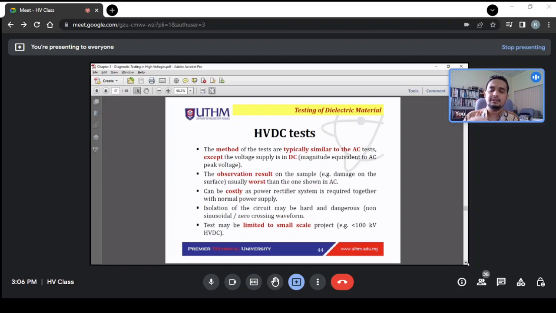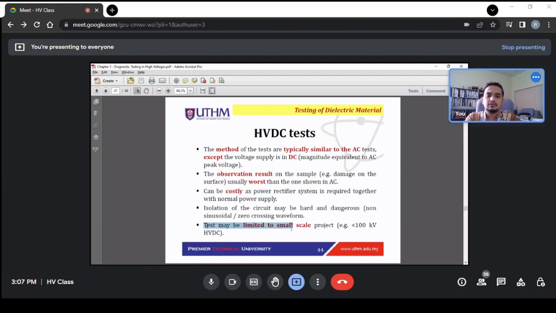Rarely. Normally we just go for the HVAC test. One of the reasons is the risk, because it is a DC source, which means we have a continuous supply, and it can be costly. We need a power rectifier system to establish the DC.